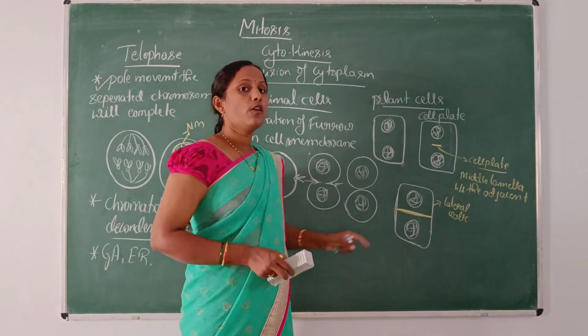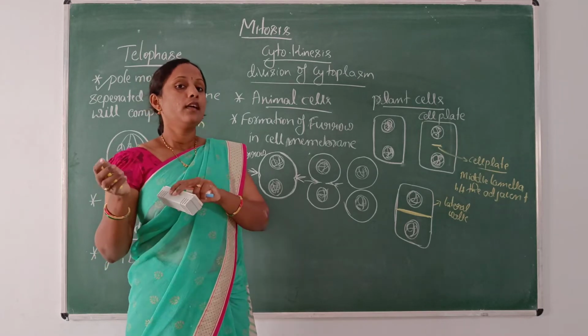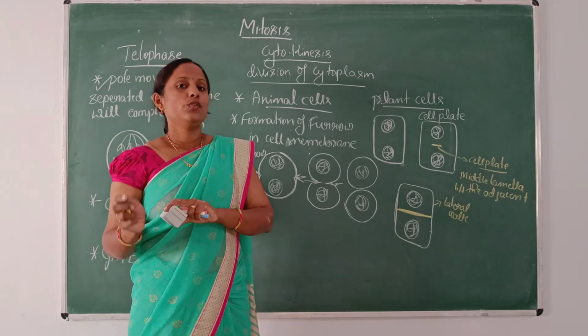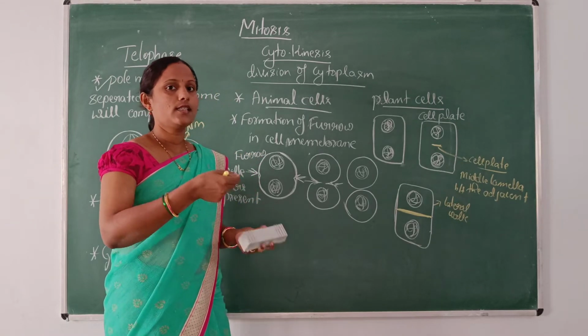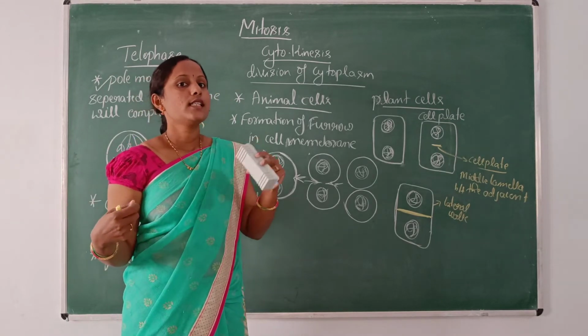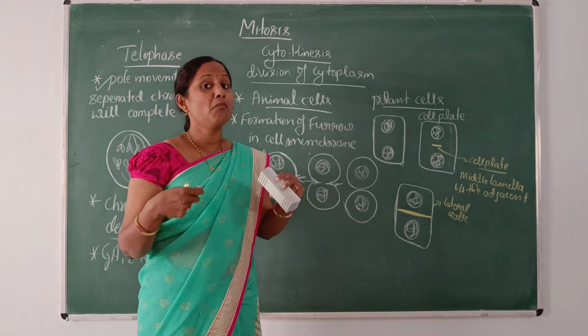Along with the division of cytoplasm, there is an equal distribution of the cell organelles which have multiplied in the interphase. I told you that when the cell starts the division, it has just completed its interphase, where all the cell organelles get multiplied.